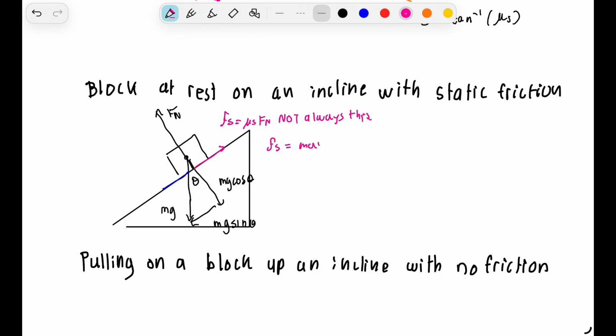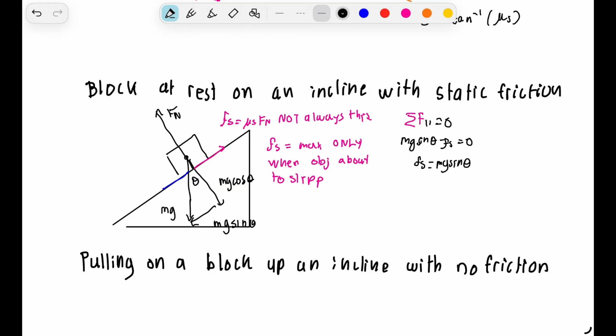Fs equals max only when the object is about to slip. Okay, parallel direction. Vertically, we just have these two, so they're equal.